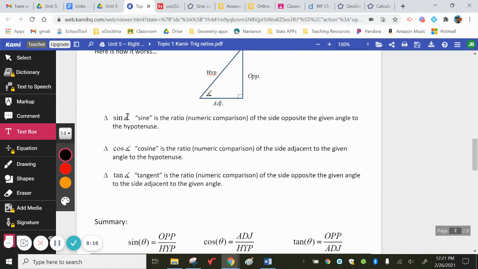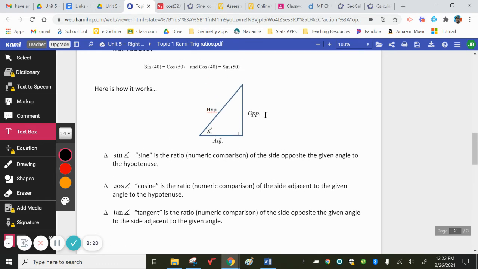So the sine of an angle is a ratio, or a numeric comparison, of the side opposite the angle to the hypotenuse. And the cosine is the side adjacent to the angle compared to the hypotenuse. And then the last one, tangent, we haven't talked about yet, but tangent is a ratio of the side opposite the angle with the adjacent side.